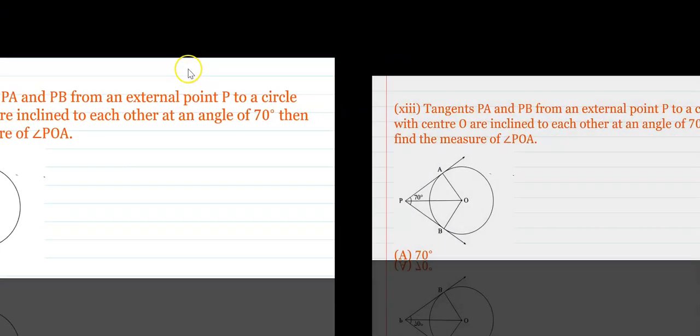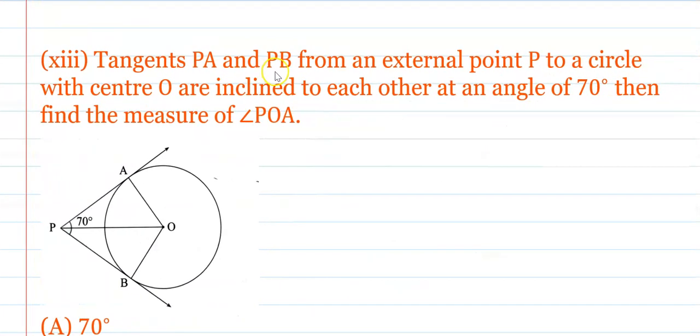Tangent PA and PB from an external point P to a circle with center O are inclined to each other at an angle of 70 degrees. Then the measure of angle POA is equal to. Okay.